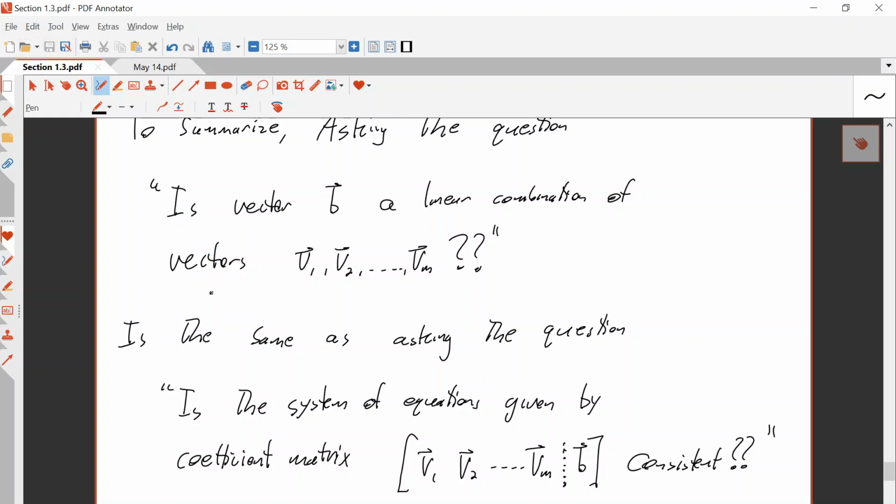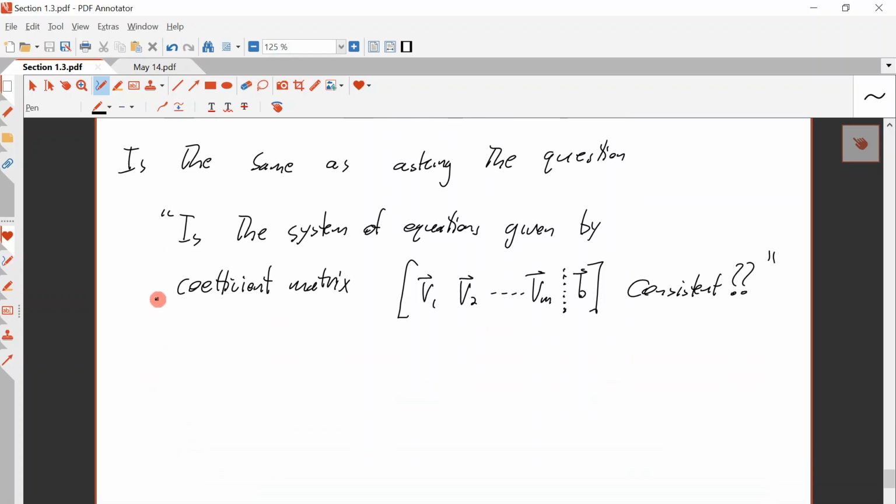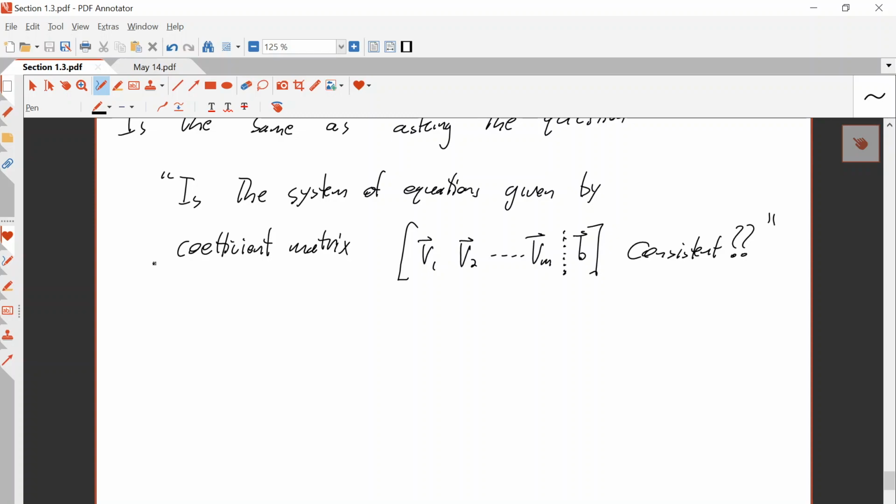All right, so now we've talked about linear combinations. We've given a definition to linear combinations. So here's another important concept with linear combinations, and that's called spans.